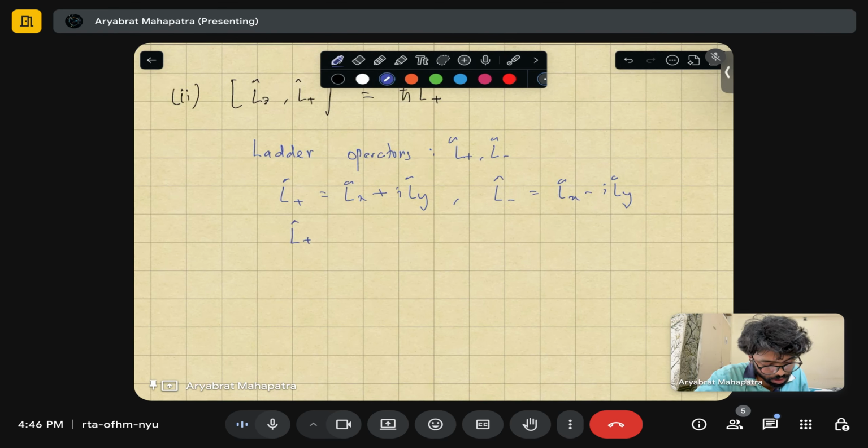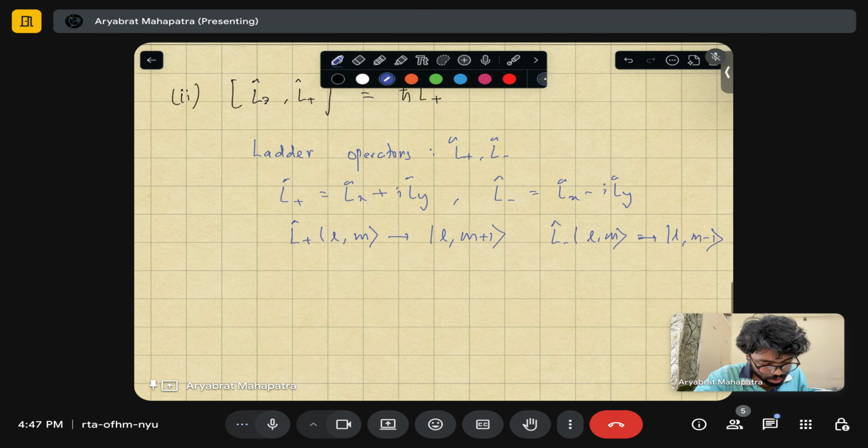As the name says, L plus is your raising operator. When it operates on |l,m>, it gives you something like |l,m+1>, just like how it works for the harmonic oscillator. In the same way, when L minus operates on |l,m>, you get |l,m-1>.